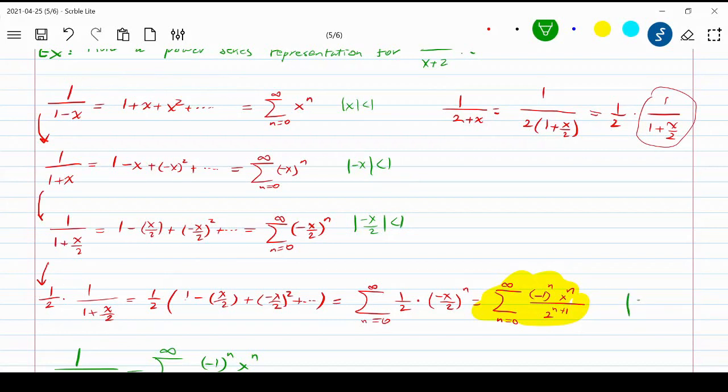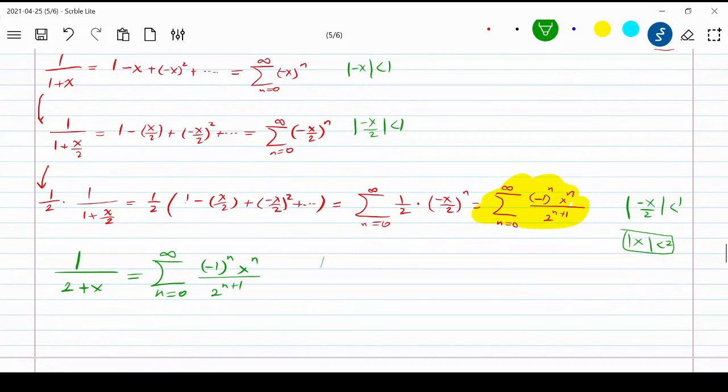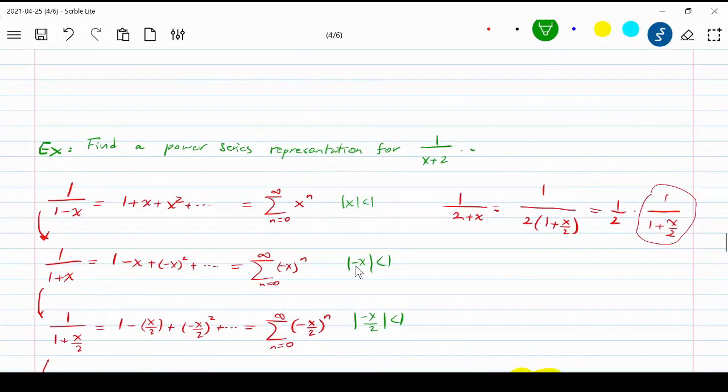So the radius of convergence is still negative x over 2 less than 1, which is the same as saying absolute value of x is less than 2. So I can say this is convergent if absolute value of x is less than 2. Okay, so this is kind of the structure of creating this power series.